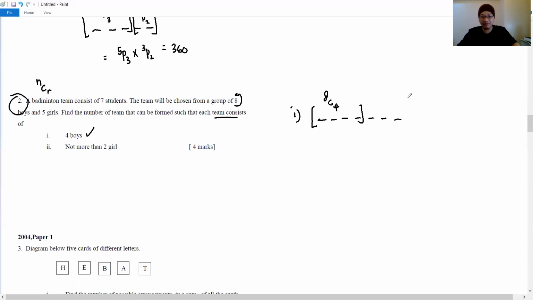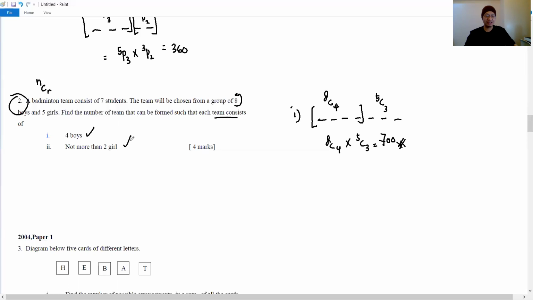How many girls do we have? 5 girls, and we want to choose 3. So it will be 8C4 times 5C3. So what is the answer? 8C4 times 5C3, the answer will be 700. Done. Very straightforward.